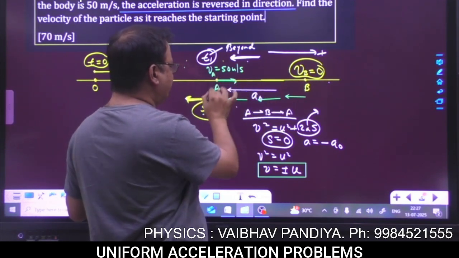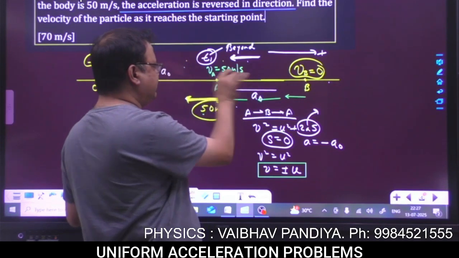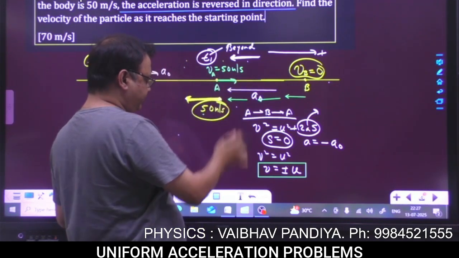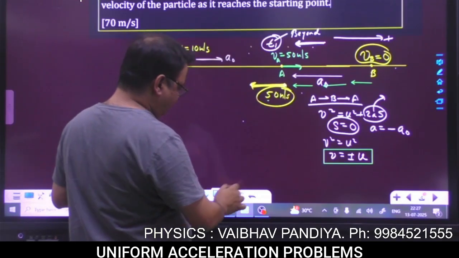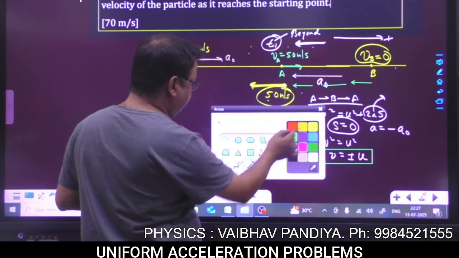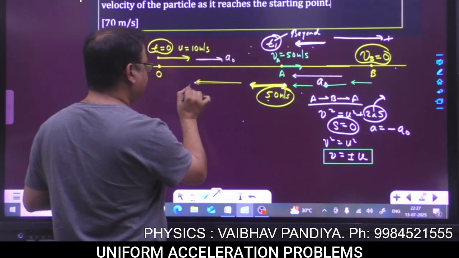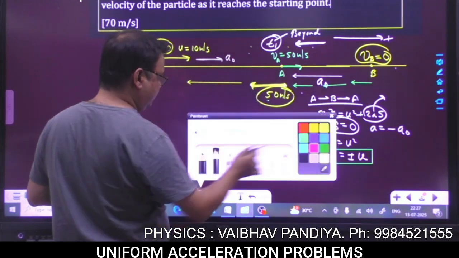Of course the velocity will be opposite. At A, here it would be 50 meter per second to the right side, and here it would be 50 meter per second to the left. Okay. Now what will happen subsequently, because still it is moving under A naught, correct?